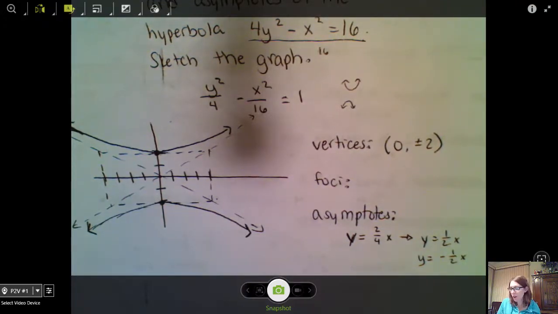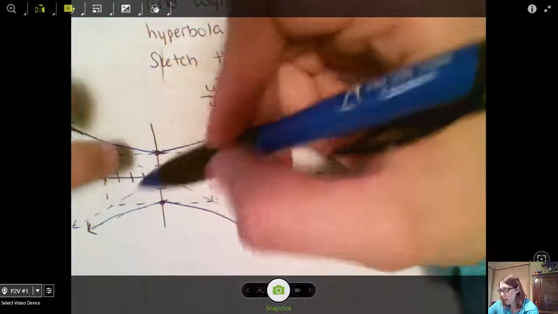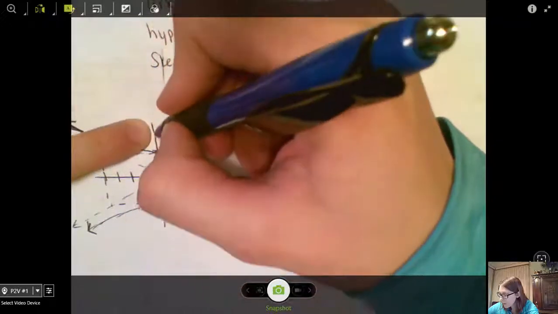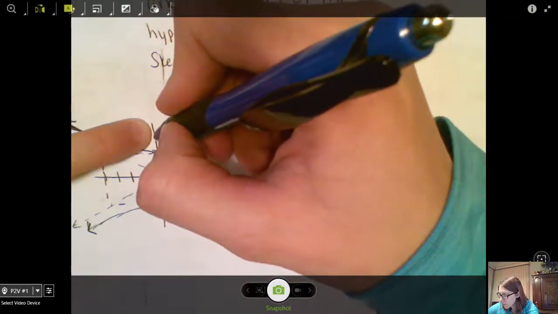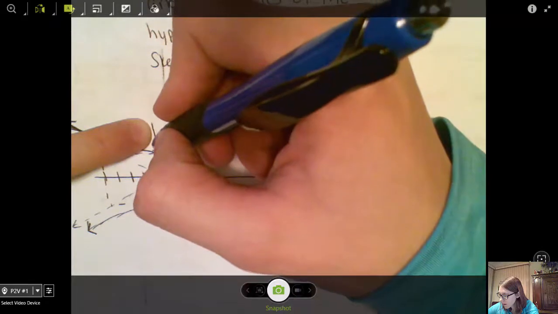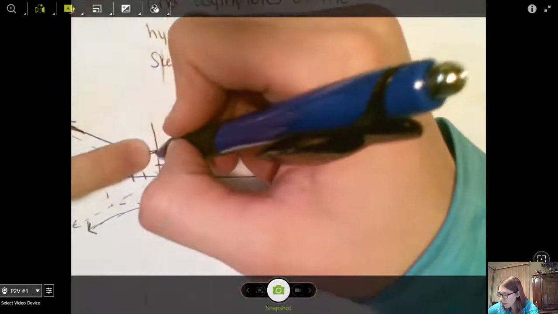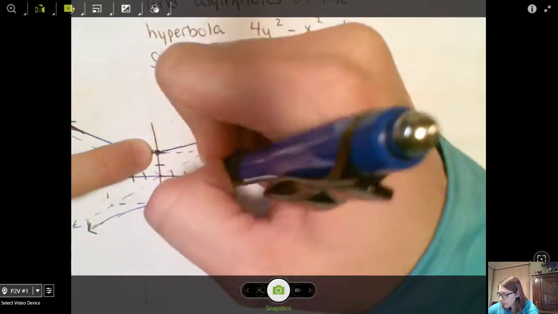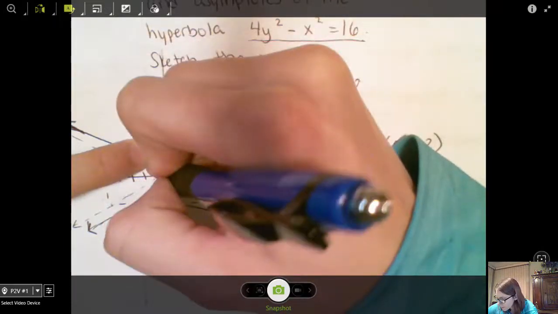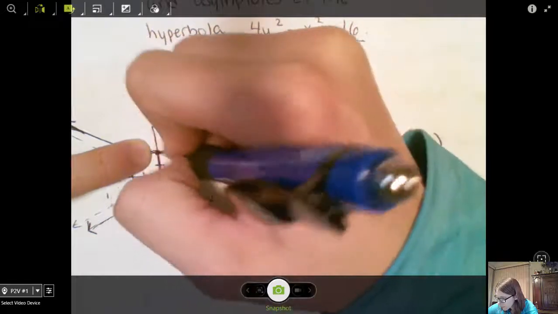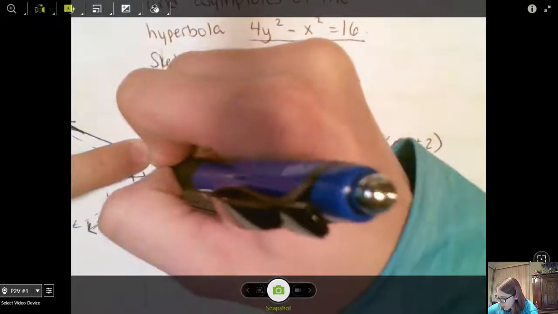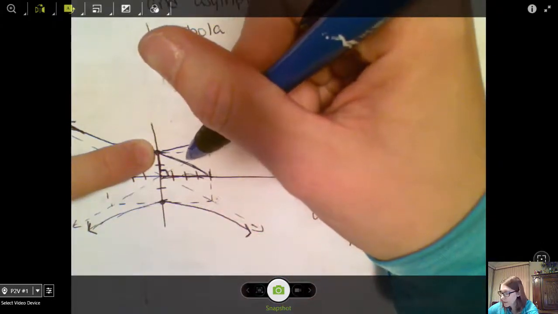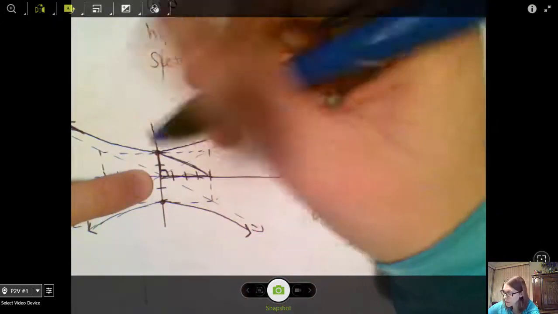Last thing we need to find are the foci, and we can use that right triangle thing. Backtrack for a second. Our vertex, our origin, and our b value form a right triangle. And this hypotenuse line is also the distance to my focus.